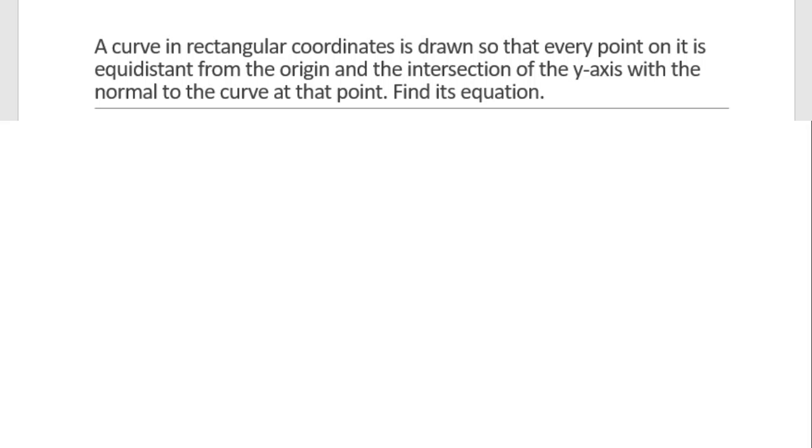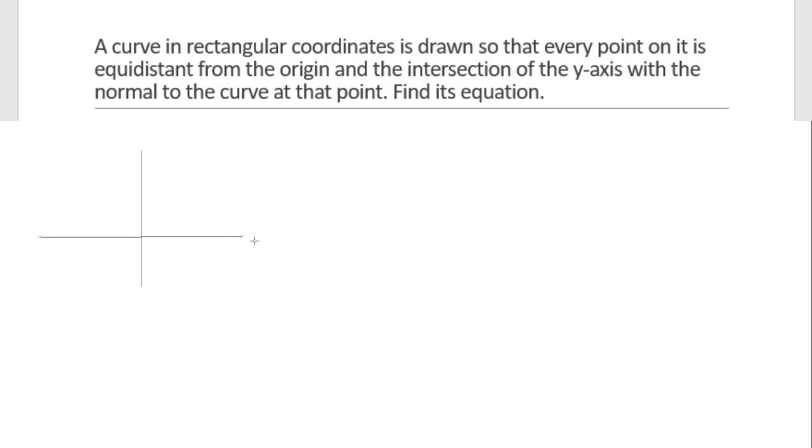So we have a curve in rectangular coordinates is drawn so that every point on it is equidistant from the origin. So let's say we have this rectangular coordinates. Then we have an unknown curve.